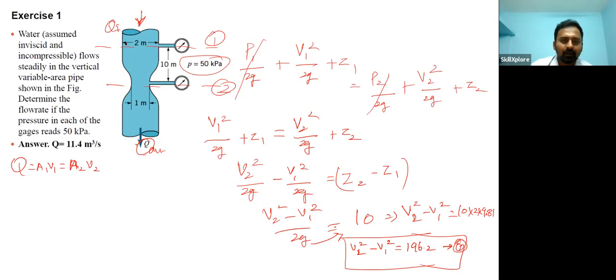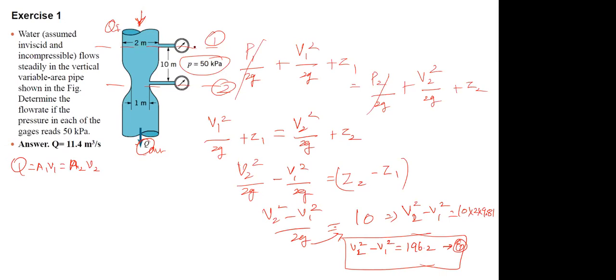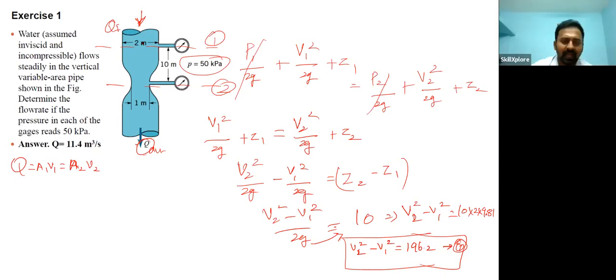Here it is given that the cross section at the first section has a diameter of 2 meters. So pi by 4, 2 square into velocity V1 is equal to pi by 4, 1 meter here, 1 square into V2.